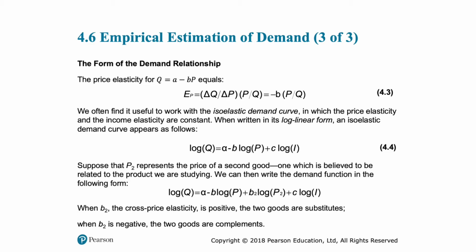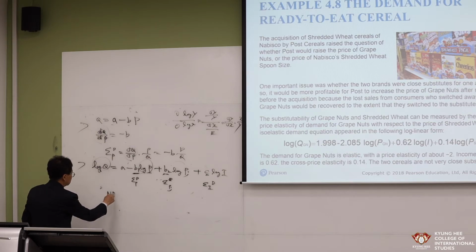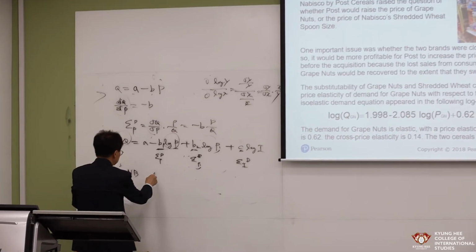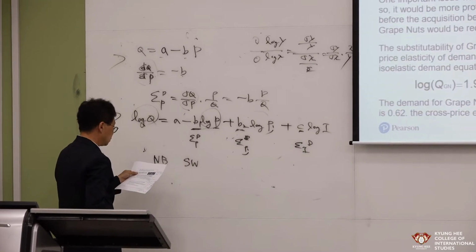That is an example of this one. Think about this kind of function. So some complicated setup for this, right? The acquisition of shredded wheat cereals of Nabisco. Nabisco produces shredded wheat, right?